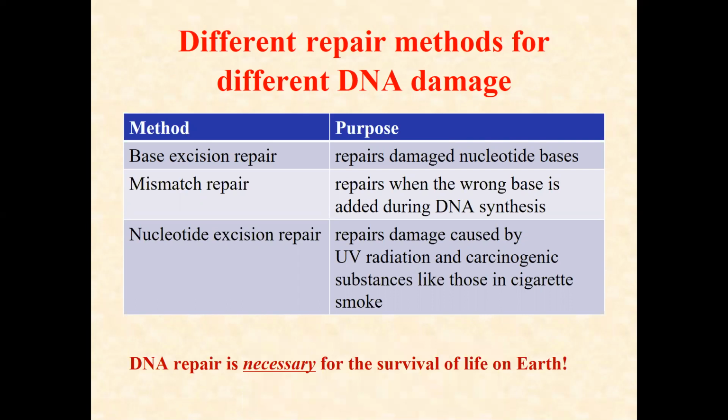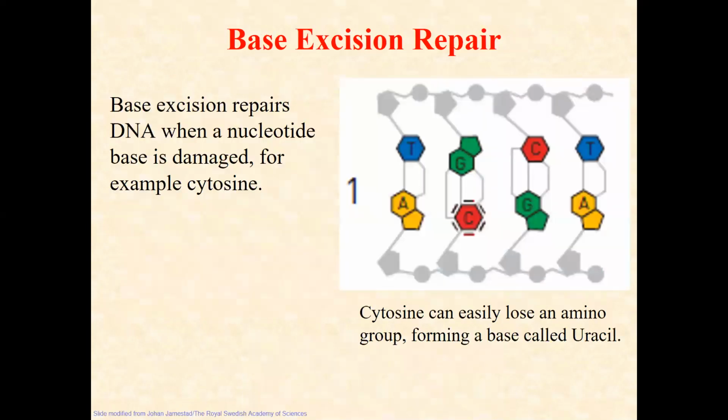DNA damage is inevitable, so DNA repair is necessary for the survival of life on Earth. Base excision repair fixes damaged nucleotide bases. The nucleotide cytosine can easily degrade and lose a group of atoms called an amino group.